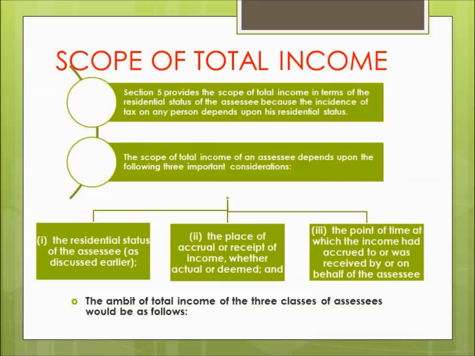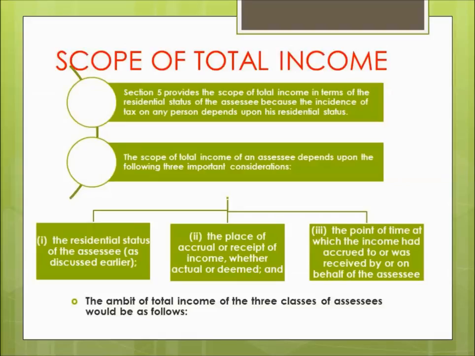If I am earning anything in India and if I am earning anything outside India, the place plays a very important role, whether the place of accrual or receipt of income is in India or outside India. This plays an important role in the determination of total income of an assessee. This income can be actual or deemed. Whether actual or deemed, the place plays an important role.